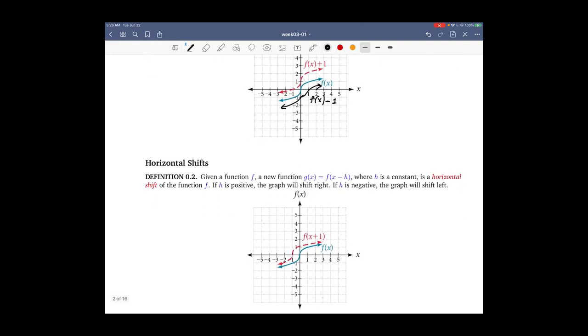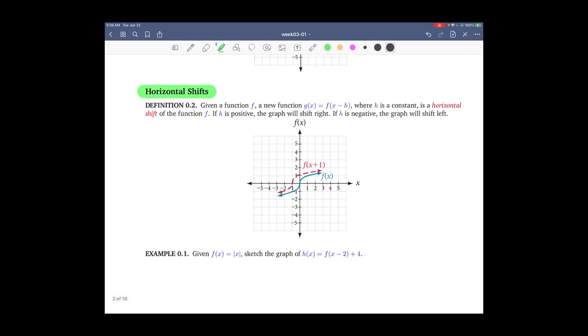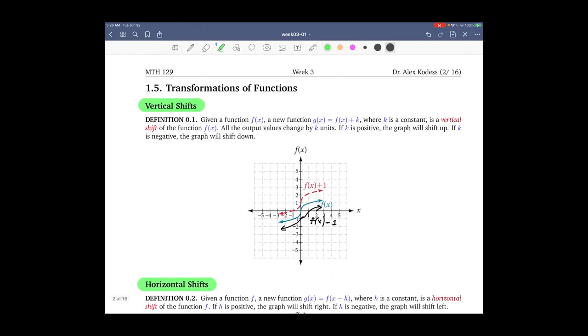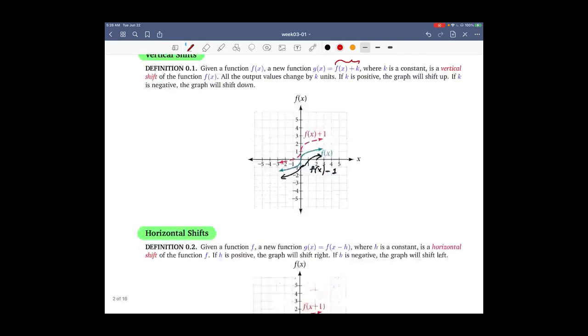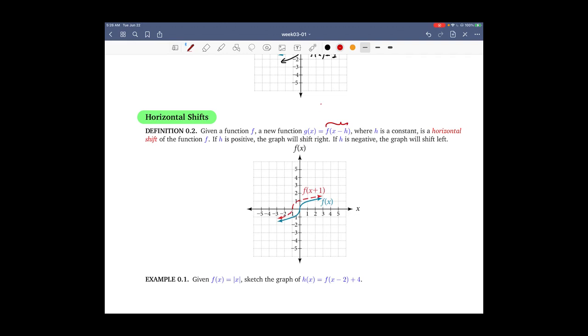Now, let's look at horizontal shifts. What happens if you add or subtract to the argument of the function, not to the function itself? Note that here we add k to the function, whereas here h is subtracted inside the parentheses, meaning that h is subtracted from the argument of the function.